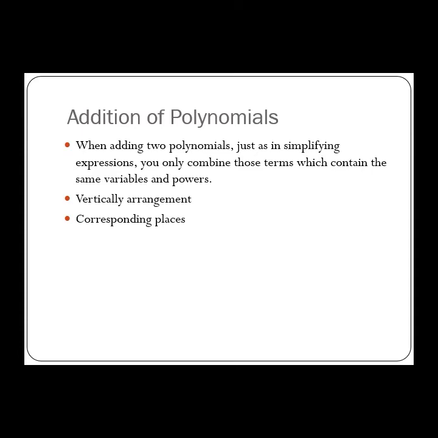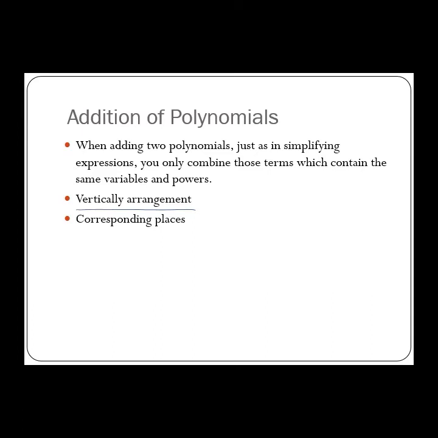First thing we're going to talk about is how to add 2 polynomials. And the key thing to remember is that you're only going to combine those terms that have the like power. And one of the key things is going to be using a vertical arrangement to make sure that the terms correspond.